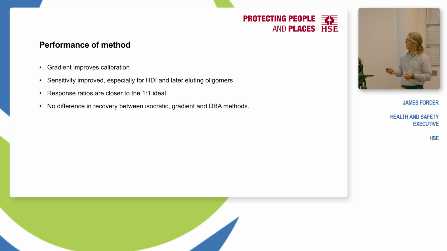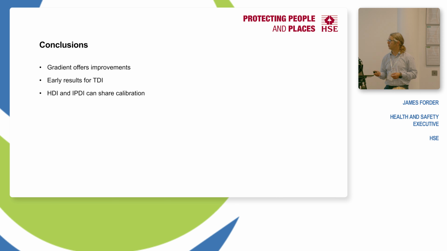And then, as I just said, no difference in recovery between the isocratic, gradient and dibutylamine methods. So the method is shown to be equivalent to existing methods. So in conclusion, gradient offers clear improvements. There's a little bit more work to do in terms of TDI, toluene diisocyanate, which is the other main one.